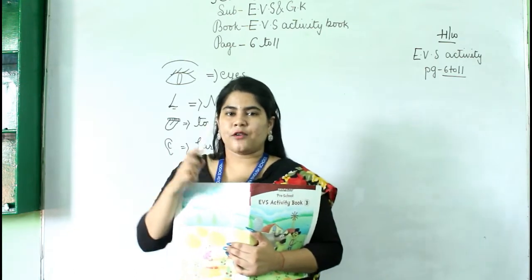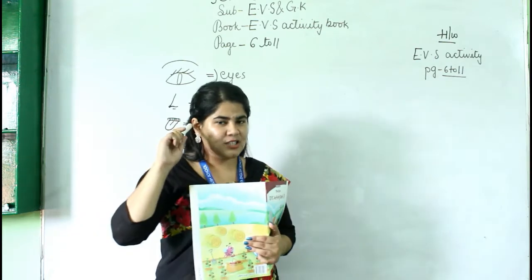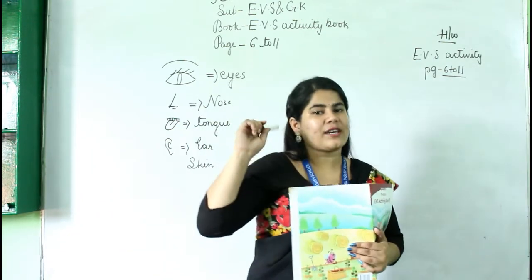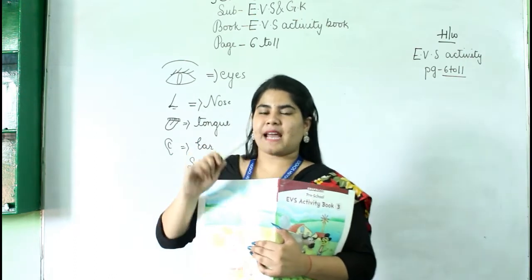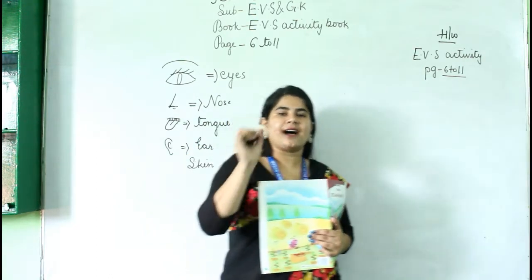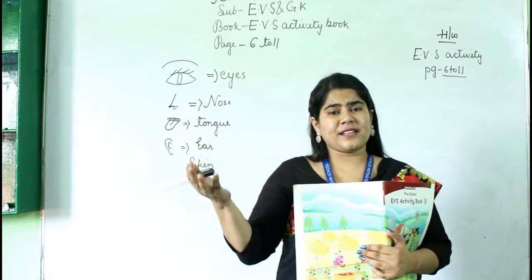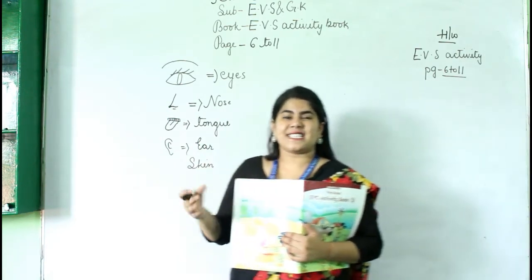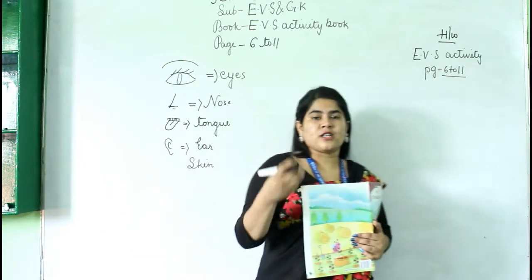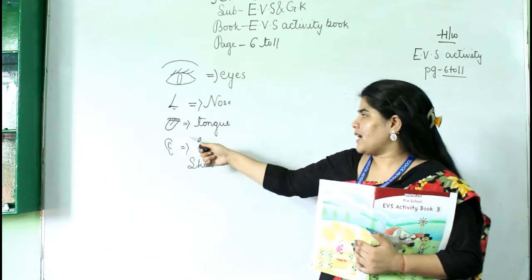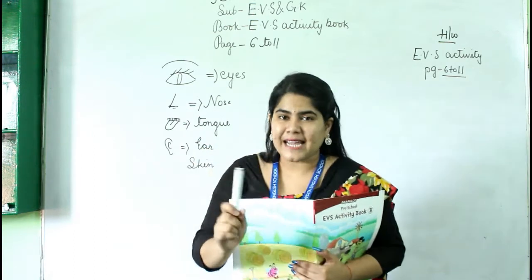Our tongue. Will you get the taste with your eyes? Do you eat food with your eyes or ears? No, we eat food with our mouth, and our tongue tells us the taste. Whether the food is delicious or not, whether it is salty, whether it is sweet, right? So tongue helps us to taste.